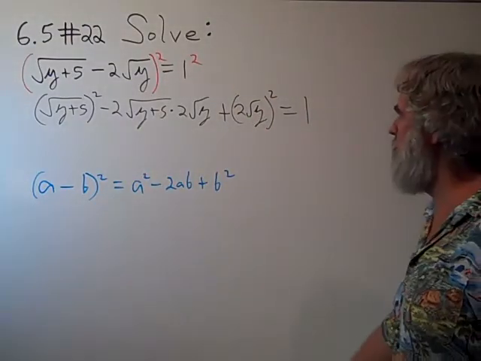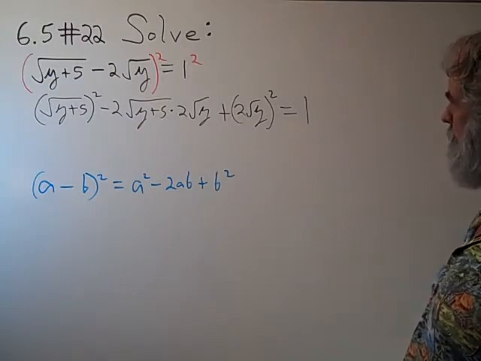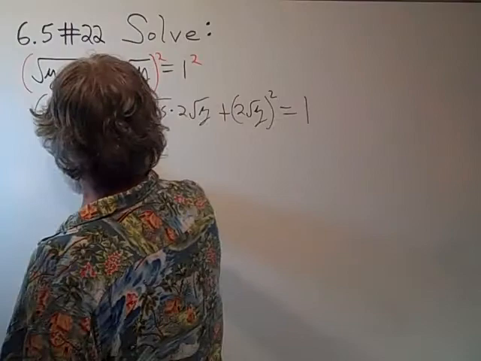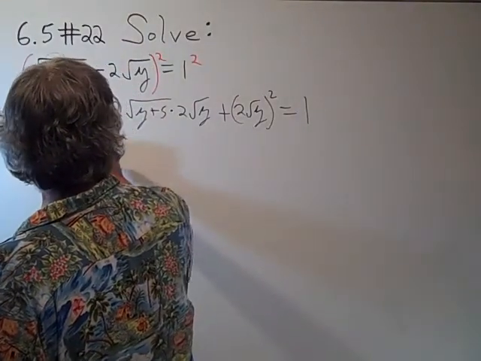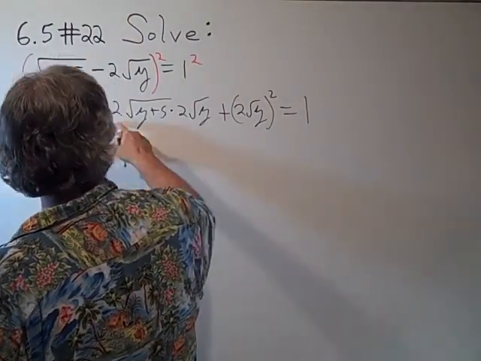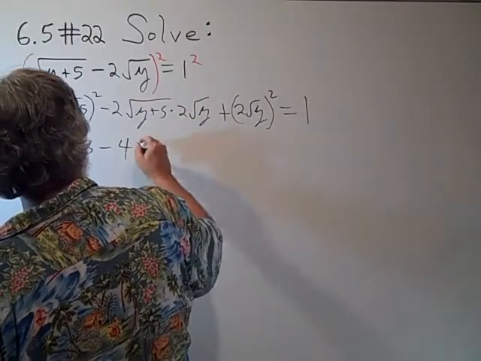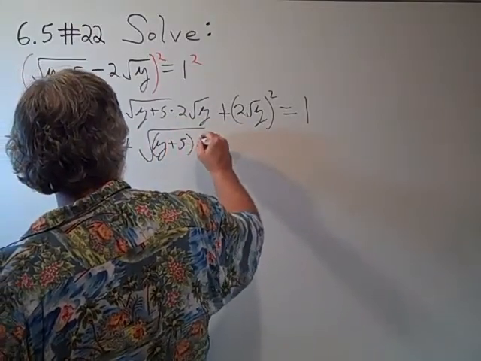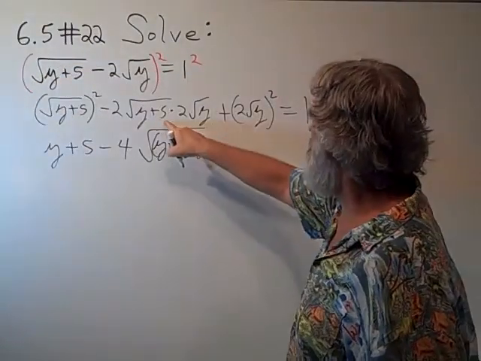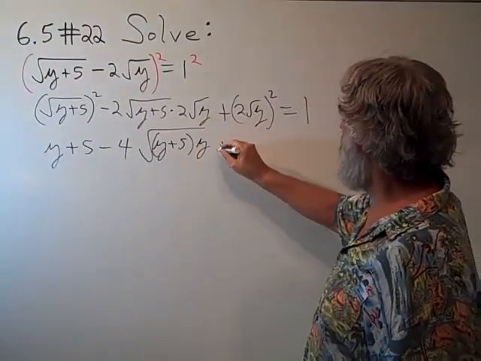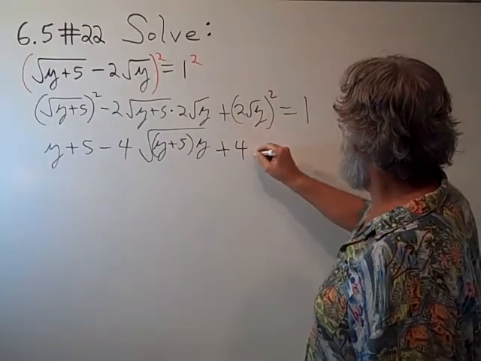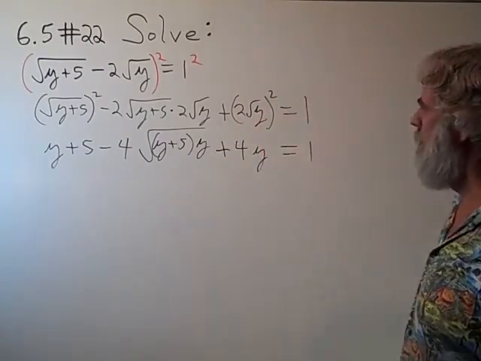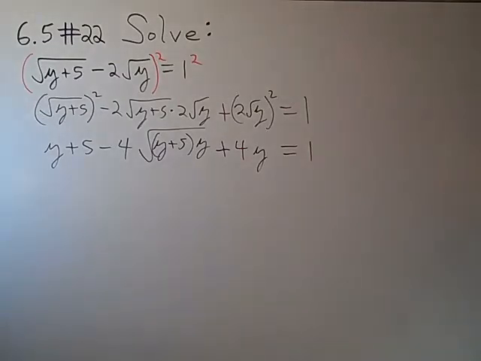Now to simplify this further, we have y plus 5 minus 2 times 2, which is 4, radical y plus 5 times y, putting both radicals under the same radical here, plus 2 squared is 4, radical y squared is y. So all of this equals 1.